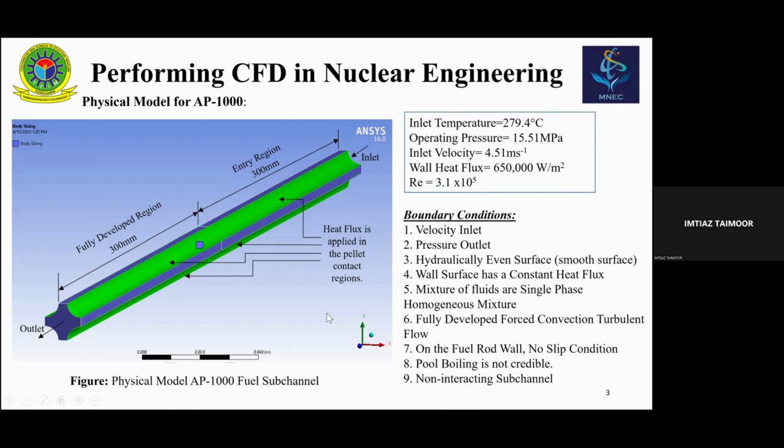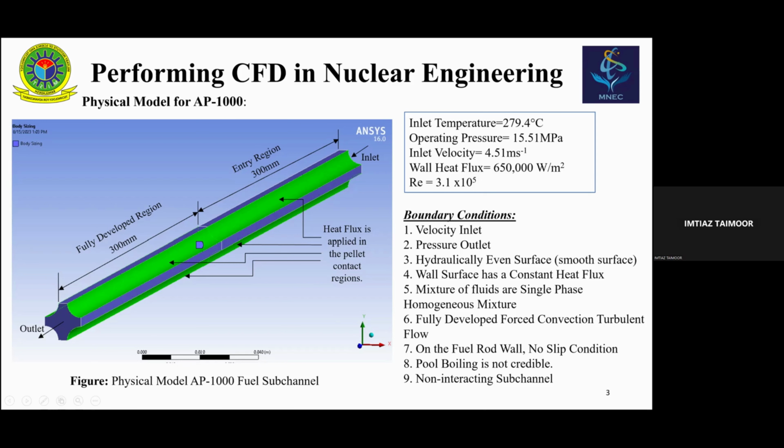So the values that we need to know for simplifying our calculation begin with the inlet temperature, the temperature of the water when entering the fuel subchannel, which is 279.4 degrees Celsius.